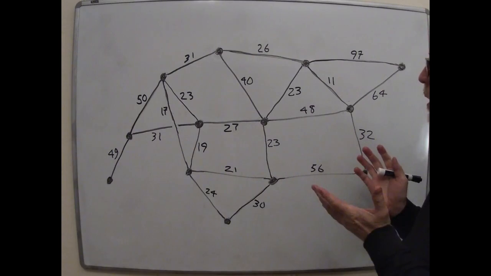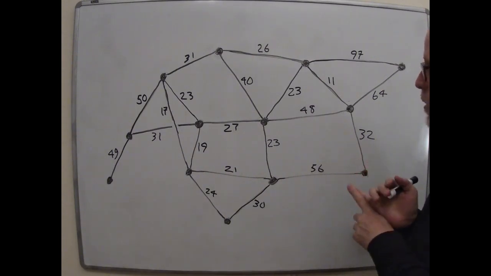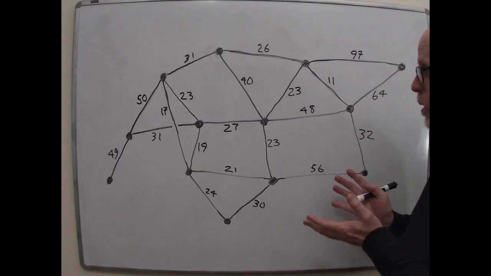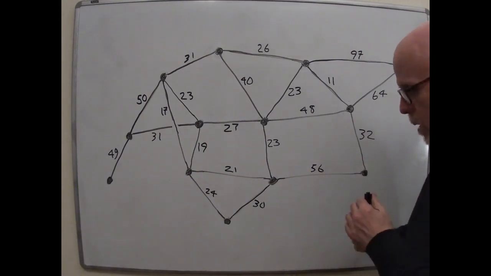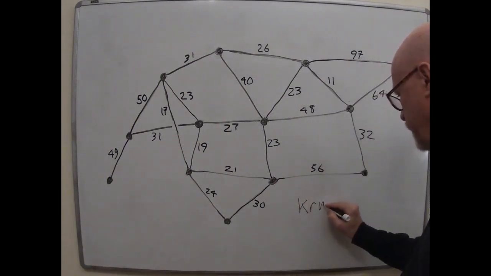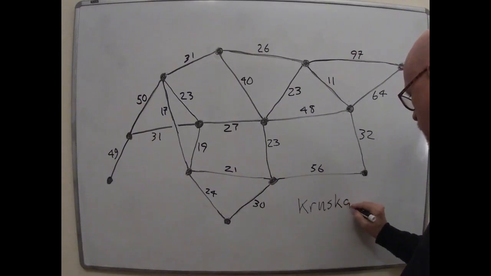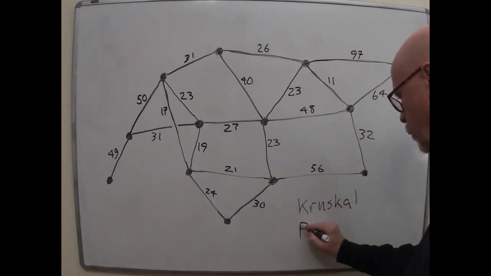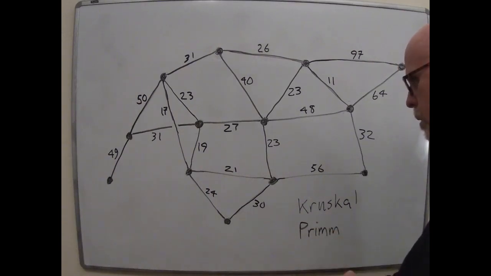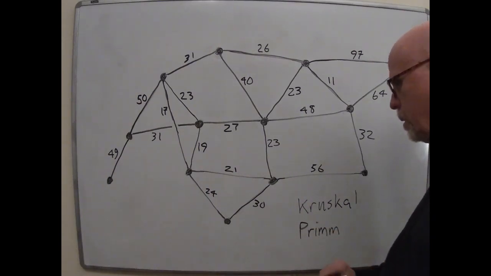All right, so two different researchers came up independently with algorithms that work to solve this problem. Let's see, the names are Kruskal and Prim, and I always forget who's who. I think it was Gene Kruskal, and I'm going to check.